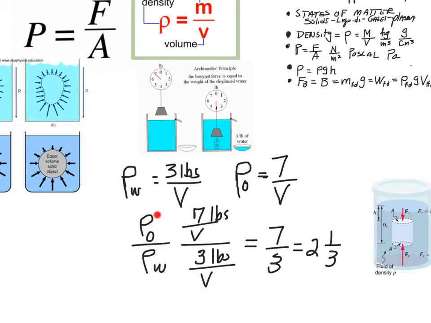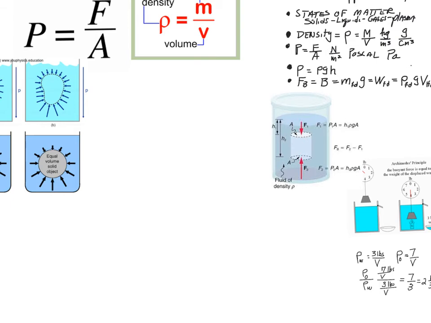And so if we compare the density of the object to the density of water, we would have 7 pounds divided by the volume, and this would be 3 pounds divided by the volume. It's the very same volume. And so we can see that the density of the object is 7/3 that of water, or 2 1/3 times the density of water. Okay, one more thing on Archimedes' principle.